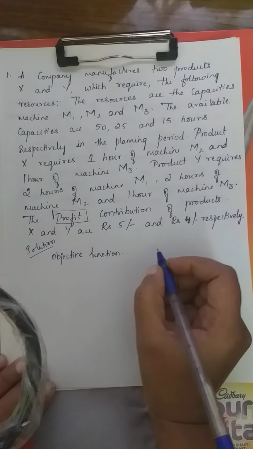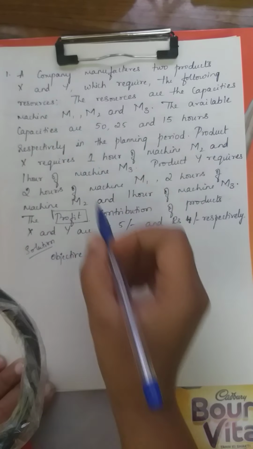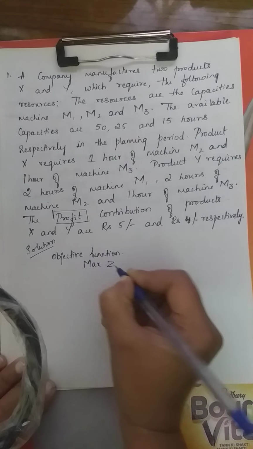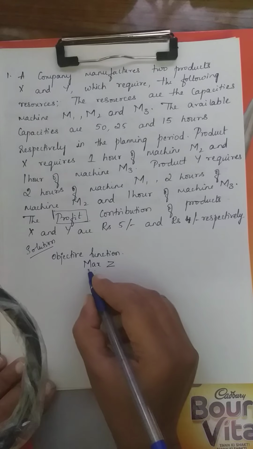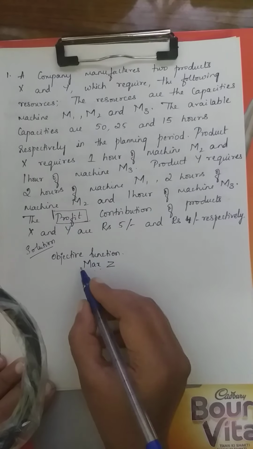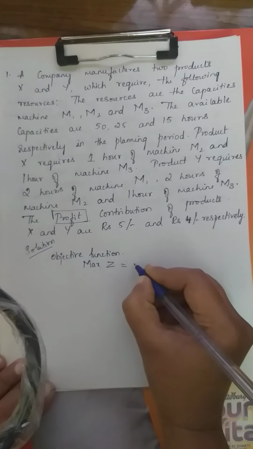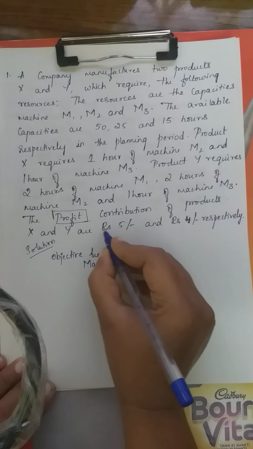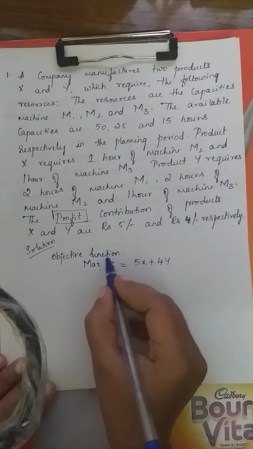They have told us that there are two products X and Y. So the objective function is maximize Z. Always, whether maximization or minimization, we denote it with Z. And why have I used maximization? Because there is a word called profit, hence it is a maximization problem. So max Z equals 5x plus 4y. In the end you can see it is rupees 5 and 4 respectively. That should be your objective function.